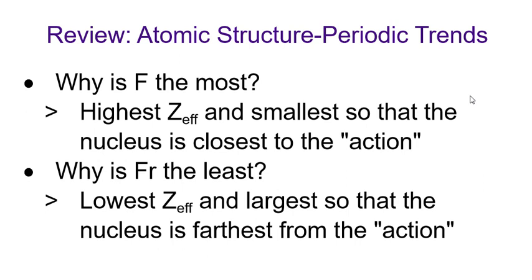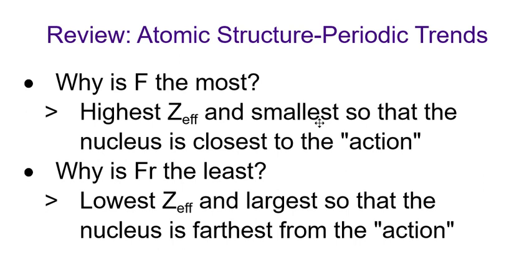So fluorine has the highest Zeff. It has the highest value based off of its effective nuclear charge. When you subtract the core electrons from the protons, you get a Zeff of +7. And it's the smallest +7 that exists on the periodic table.